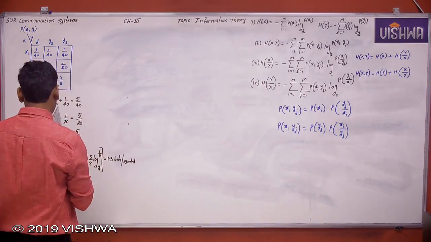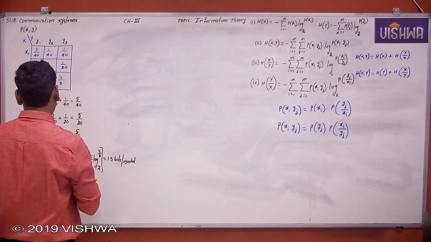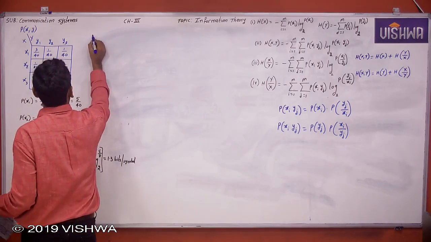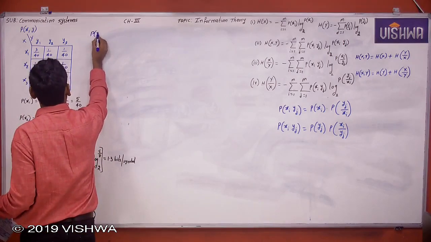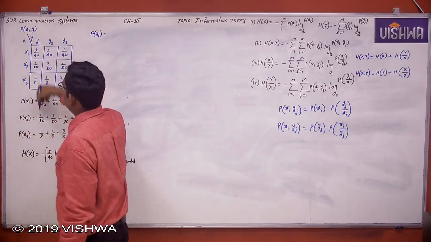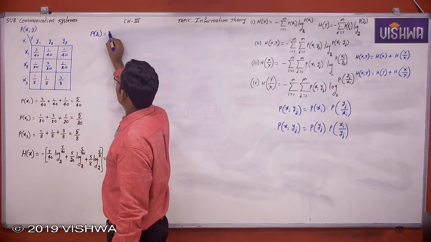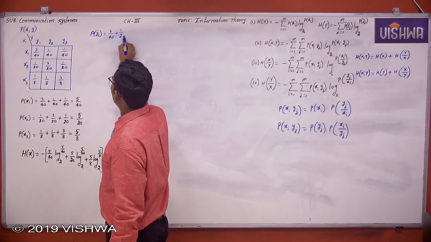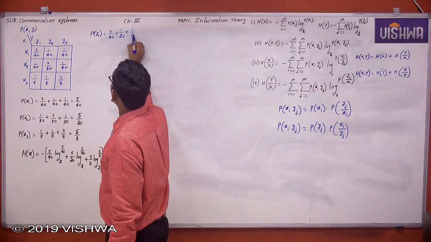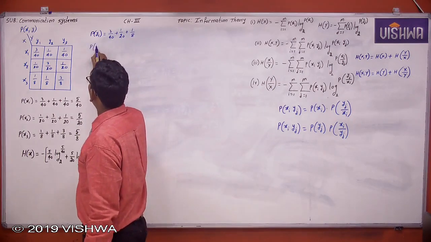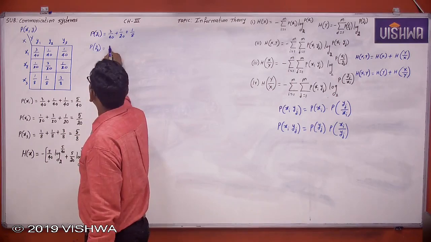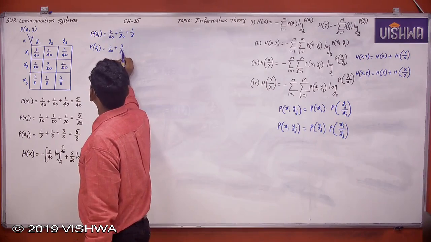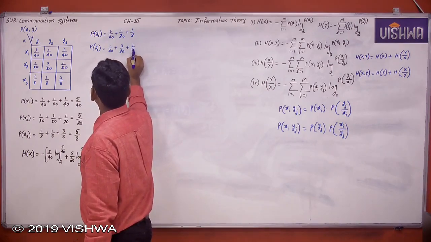Now the entropy of a source y. For finding the entropy of a source y, first we want to find P of y1. What is P of y1? Sum of all these columns: 3 by 40 plus 1 by 20 plus 1 by 8. Now P of y2 is 1 by 40 plus 3 by 20 plus 1 by 8.